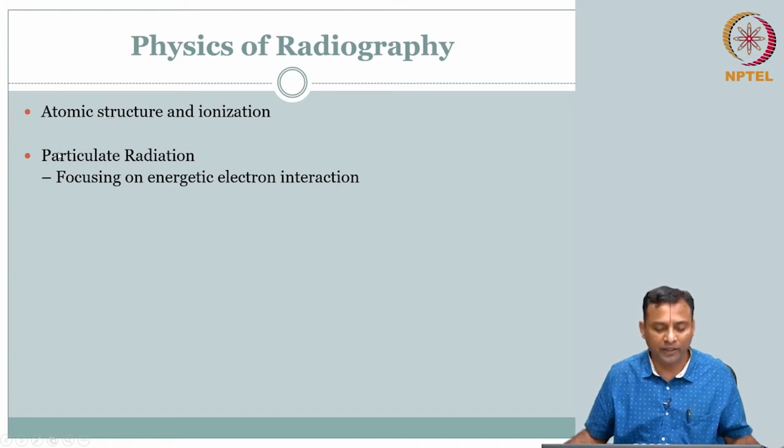But mainly we will understand the different types of radiations, especially particulate radiations, and even within particulate radiation, for the purposes of this chapter, we will talk about the electron. The particle is what you have in the atom, and the electron is one of the particles. So we'll talk about the energetic electron and its interaction with the tissue. That will be the focus.